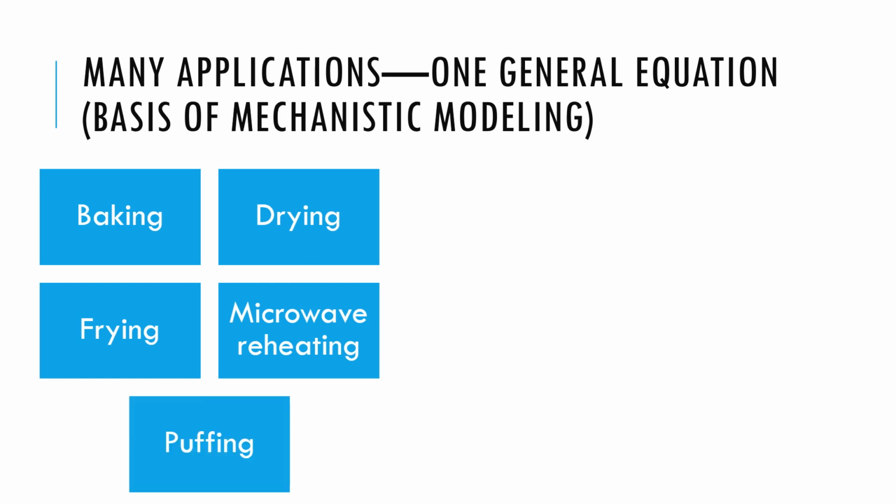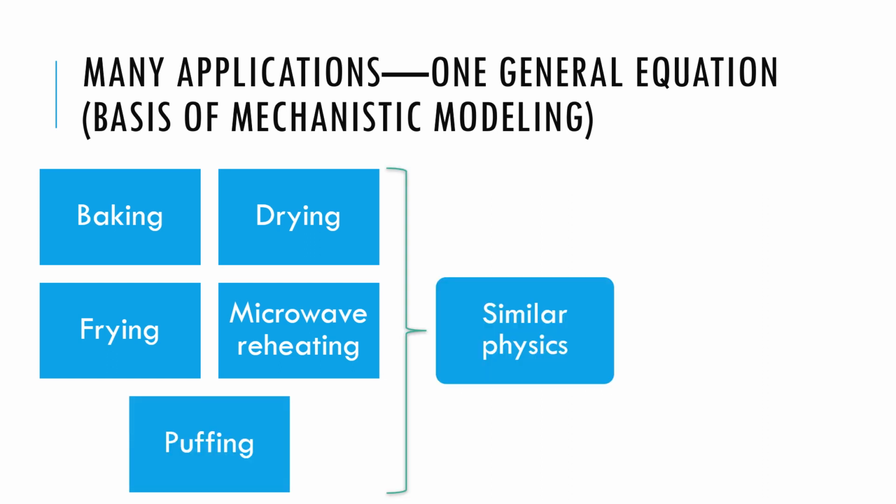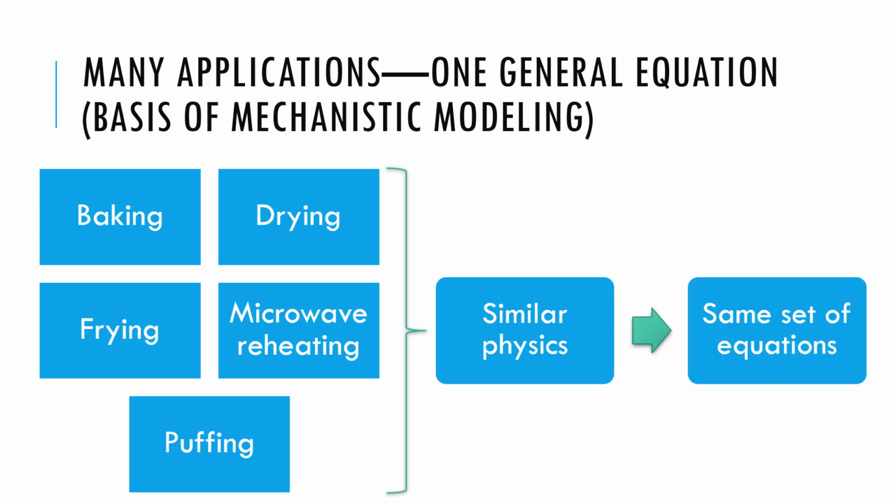So similar sets of equations or similar physics that cover many different processes can be called a modeling framework. So this same set of equations that you see here, we can call this a framework.